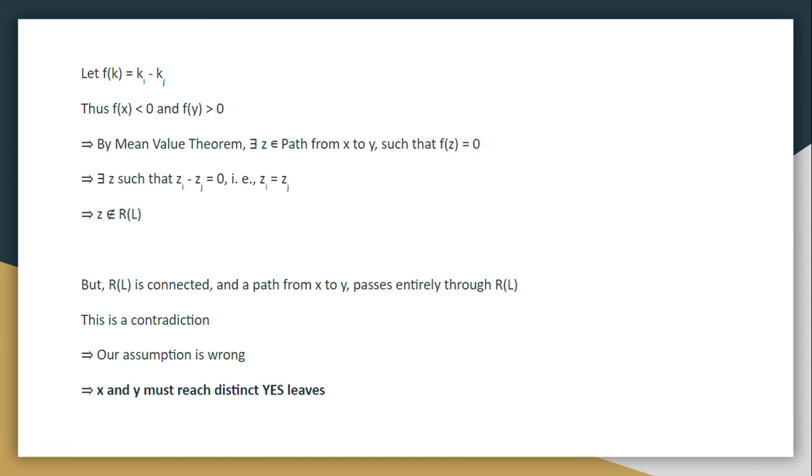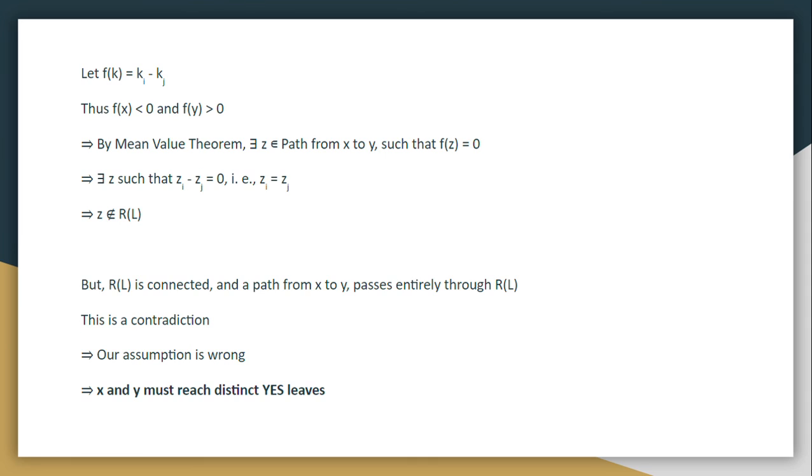But we know that RL is connected, and the path from X to Y passes entirely through RL. So all the points on that path will lie inside RL. As z is a point on that path, it also has to lie inside RL.